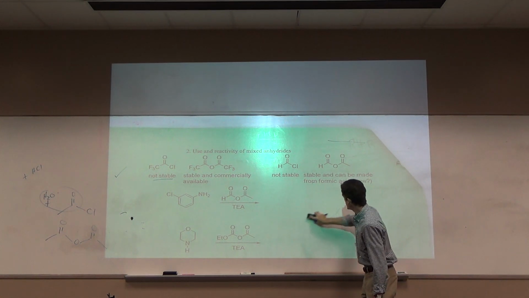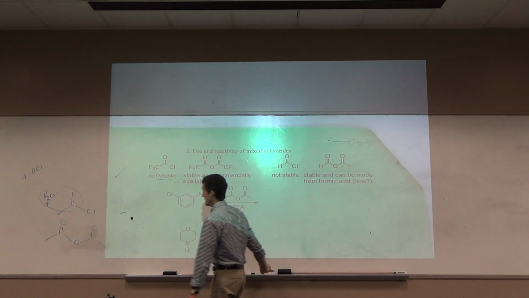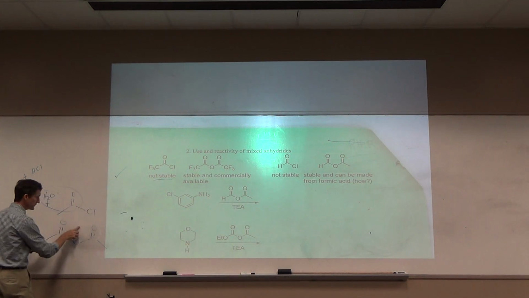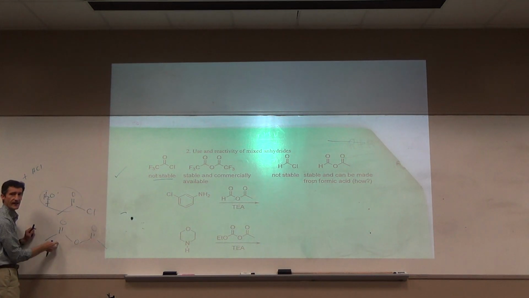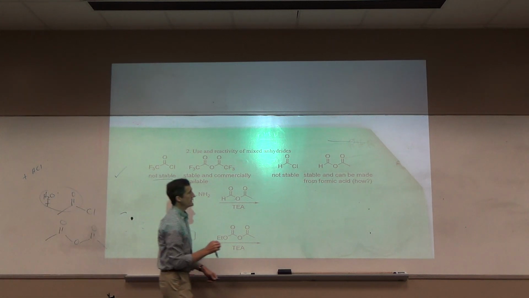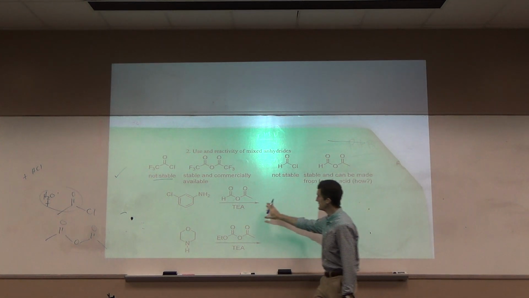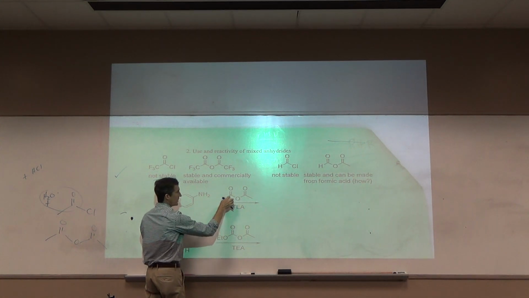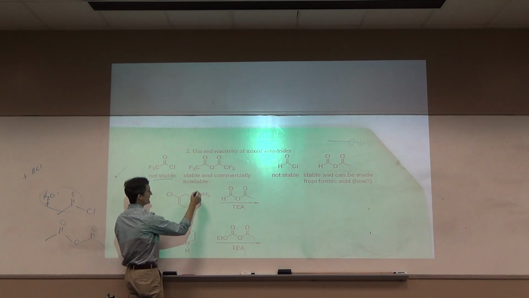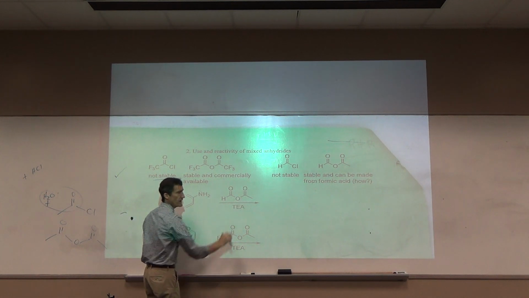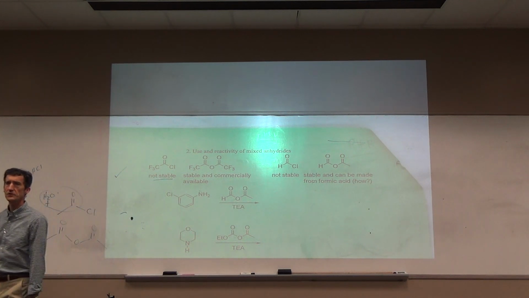Now with mixed anhydrides, we have to ask. See, if it's symmetrical, it doesn't matter which carbonyl you attack. They're the same. But mixed, they're different. The question is, if we had a nucleophile, which carbonyl is the nucleophile going to attack? Left or right? And this is a good consideration.